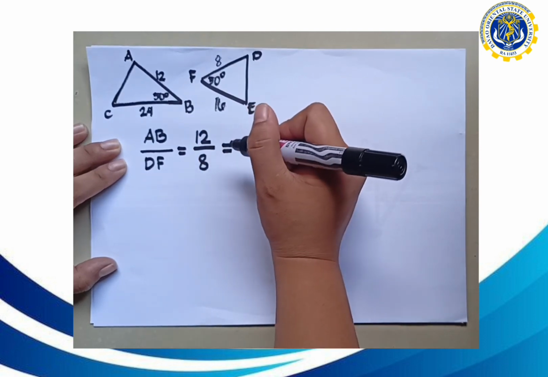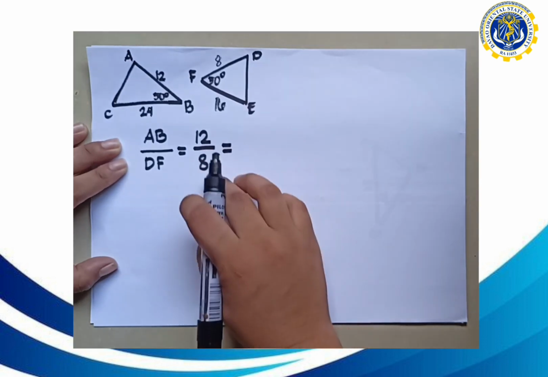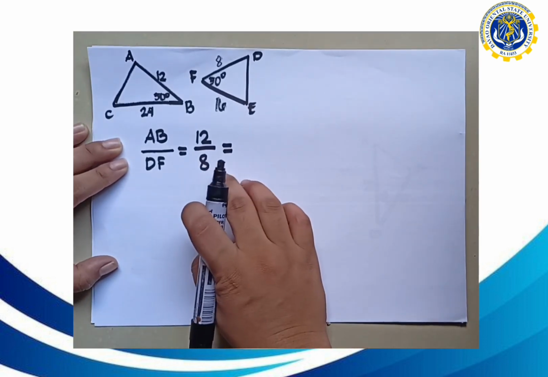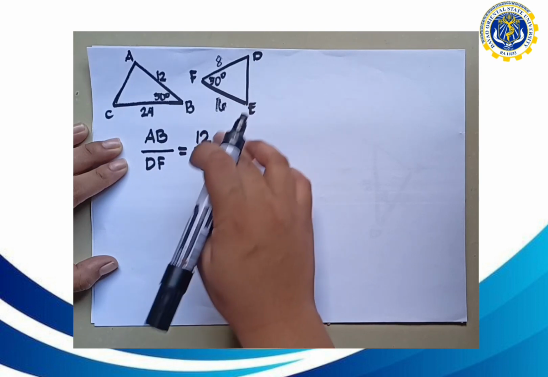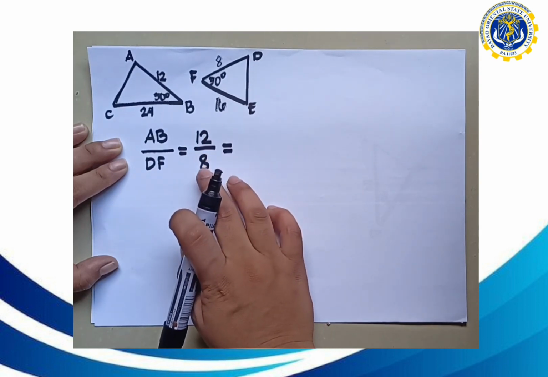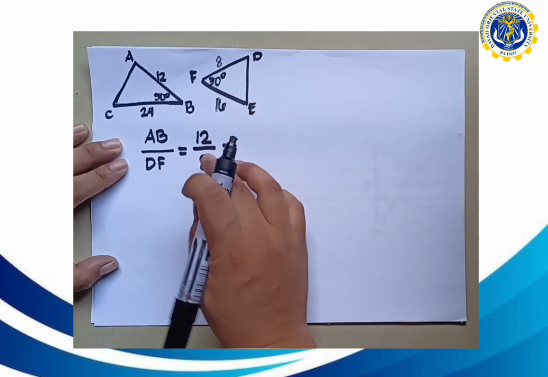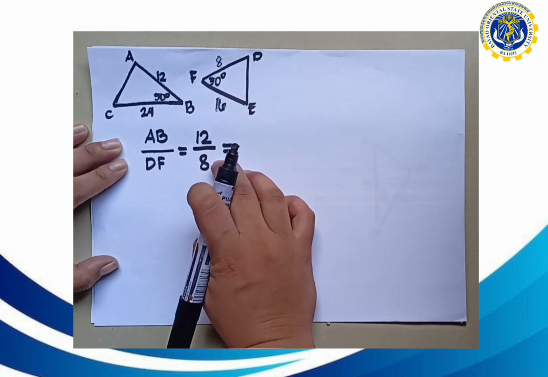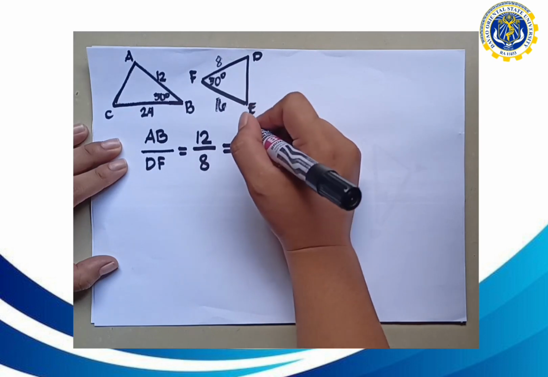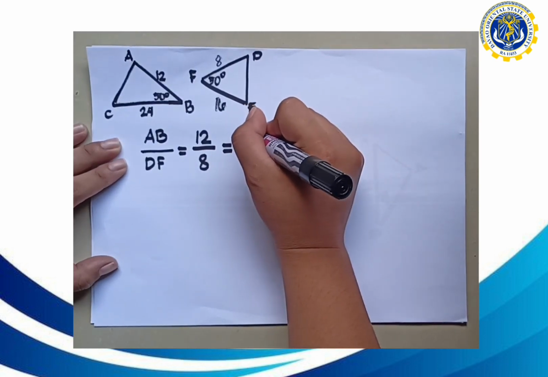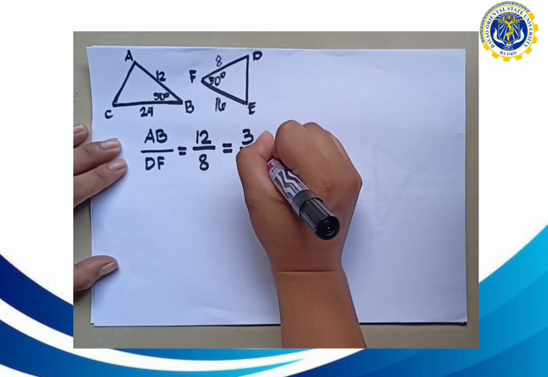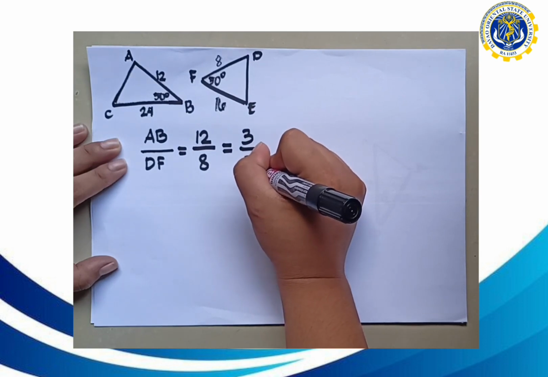To get the final answer for this 12 over 8, all you have to do is divide both by 4. So we have 3 over 2.